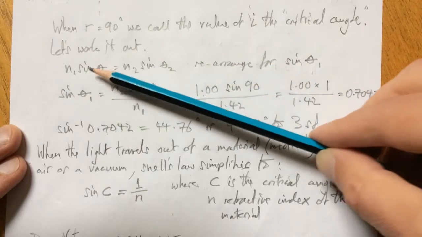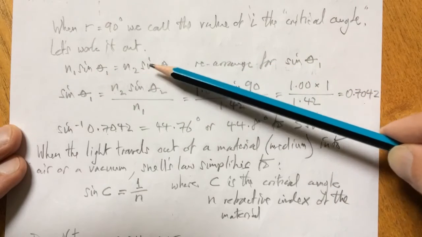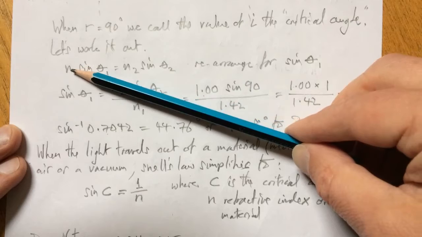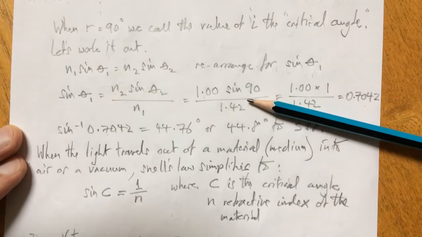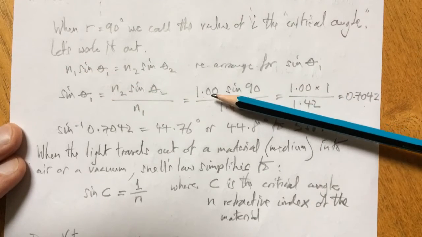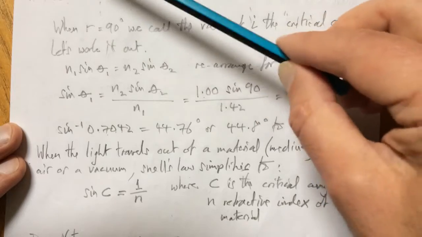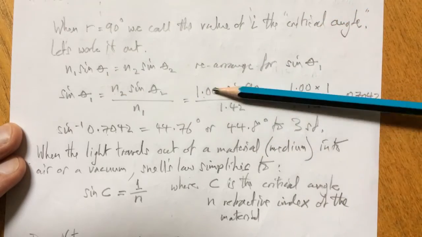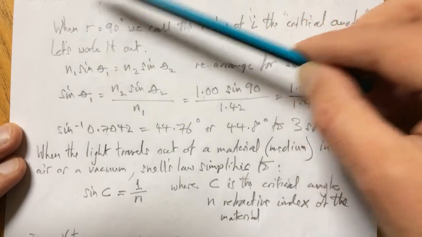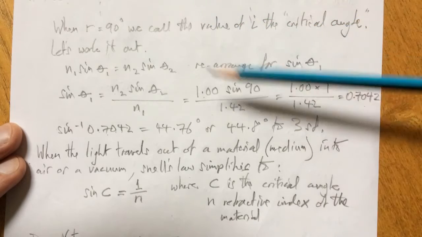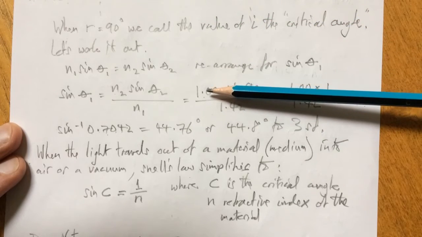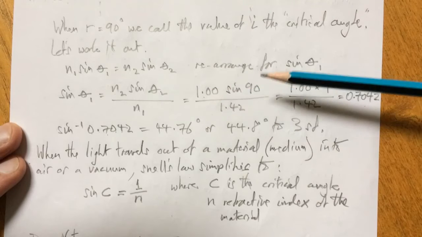Sine theta 1 equals n2 sine theta 2 divided by n1. Move it down there. Put our numbers in. Here we go. Refractive index n2, yeah, n2 this time. The second material is air, refractive index 1.00.